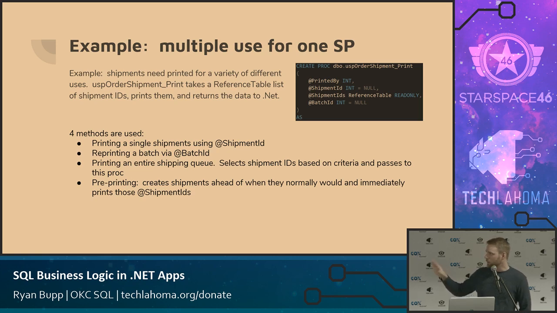Now, what this stored procedure actually looks like is it takes which parameters it gets, and it just builds a temp table with the shipments, or shipment IDs. And so if you send a single shipment ID, it says, if shipment ID is not null, then stuff this thing in my temp table.